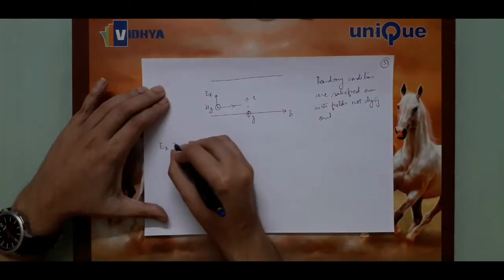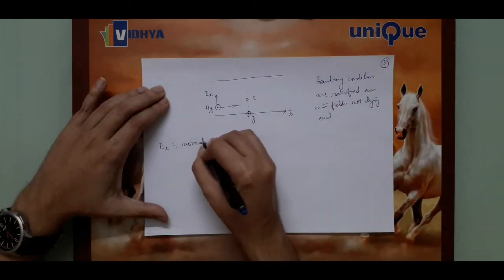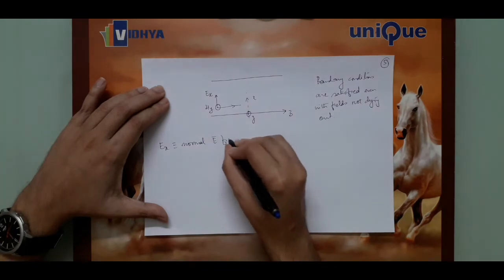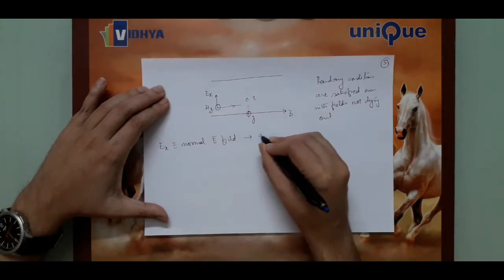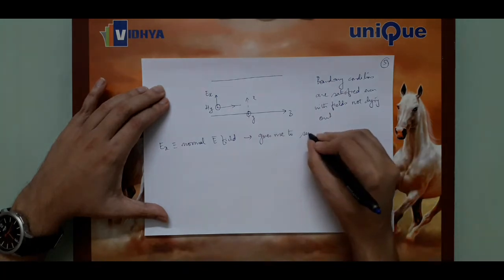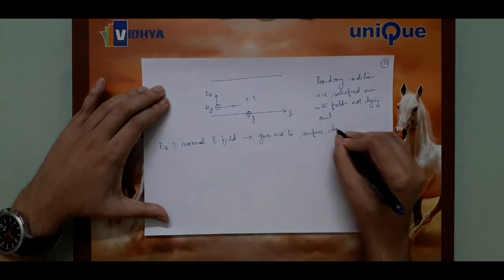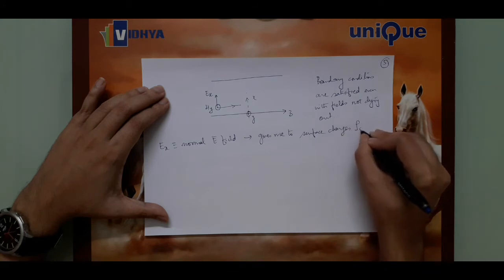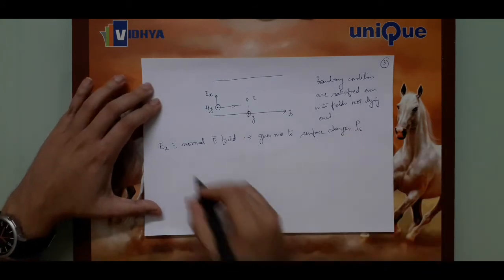So let's see how the boundary conditions are satisfied. Ex, which is the normal E field, gives rise to surface charges. Let's call this rho s.